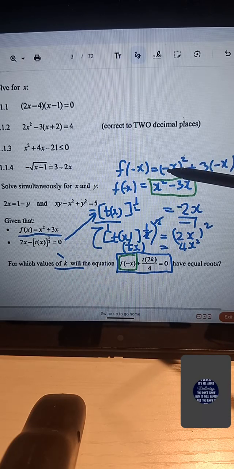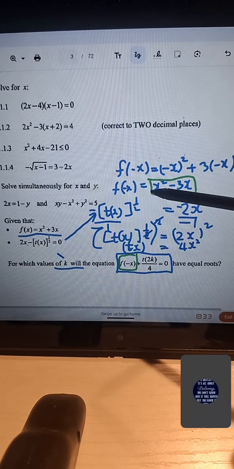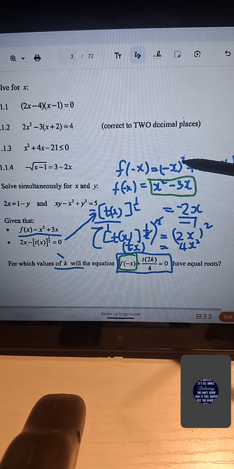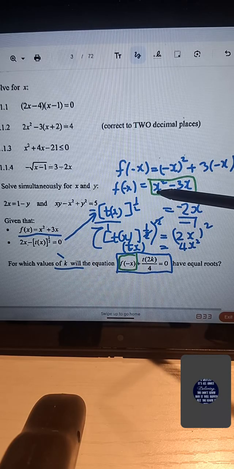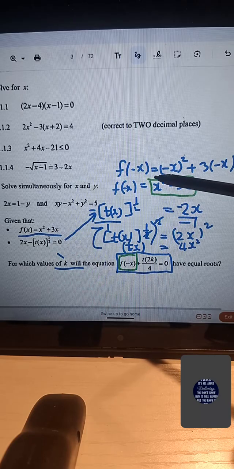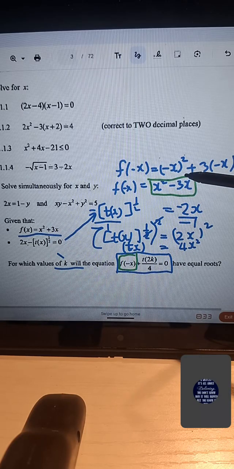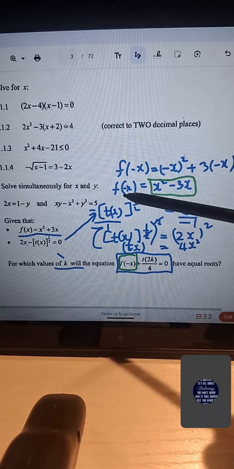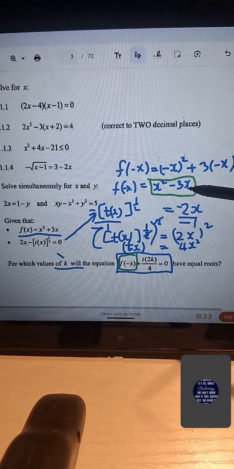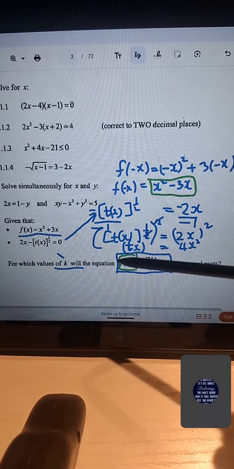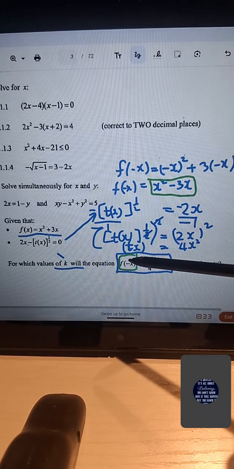Applying the square: an even exponent applied to a negative sign gives a positive, and to x gives x squared. So the first term is positive x squared. Then plus 3 times negative x: a positive times a negative is a negative, giving 3x. So f of negative x is x squared minus 3x. I hope we understand this one. Yes, that's fine.